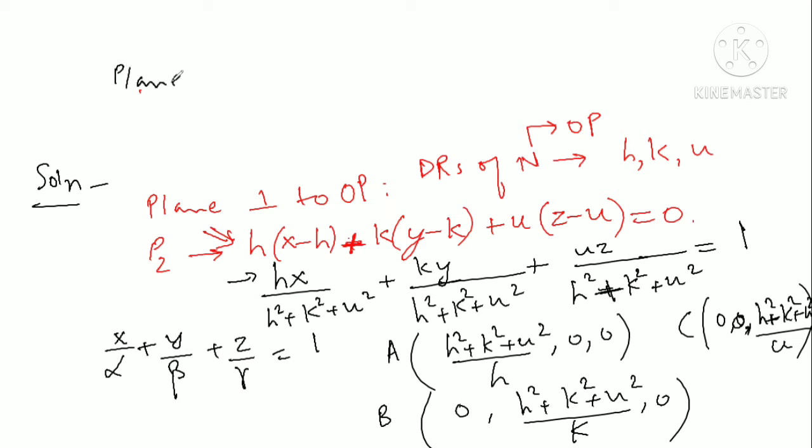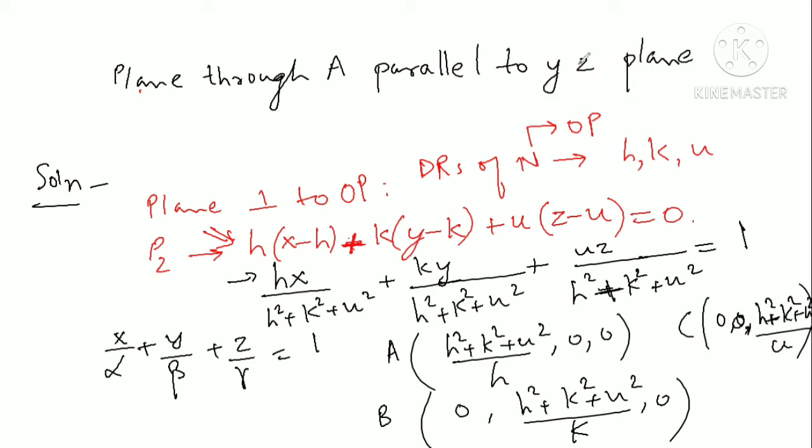The plane through A parallel to the yz plane, we can write the equation for this as x is equal to (h square plus k square plus u square) divided by h.